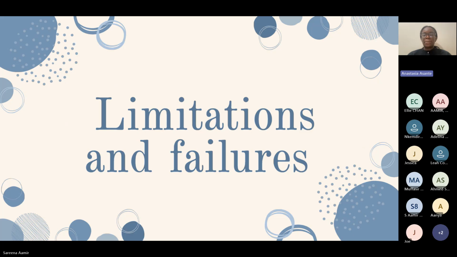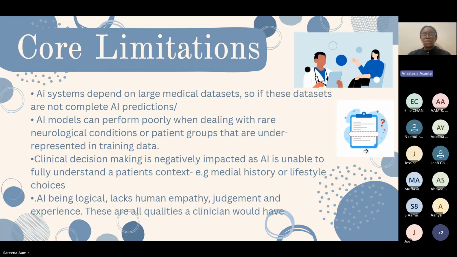Okay, so now we're going to move on to limitations and failures. Some core limitations are that AI systems depend on large medical data sets. If these data sets are not complete, it could result in a lot of issues.